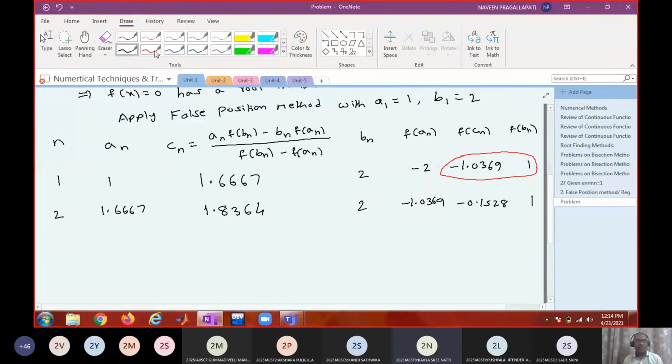Again, you see, you are going to select the right interval, which is C2 B2, for the next iteration. C2 means 1.8364 and B2 is 2, and copy these values minus 0.1528 and 1 here. Compute C3.